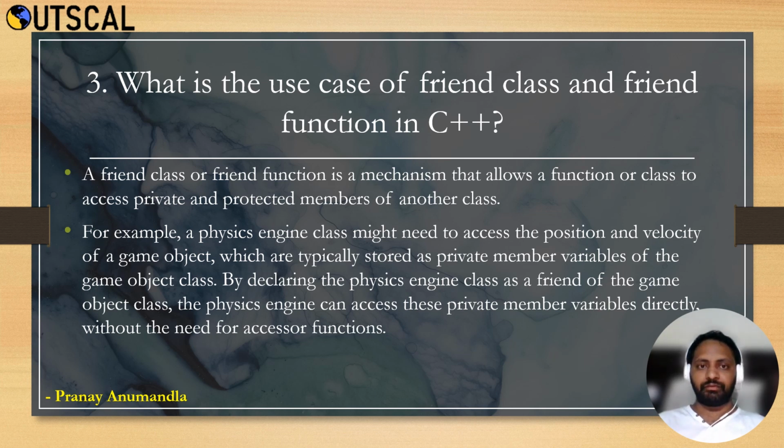But the physics engine needs to access them to perform any action, like change in position, or speed or velocity. So physics engine will need to access these variables. So we can derive the physics engine class as a friend class to the player class or game object class. So this is clear.